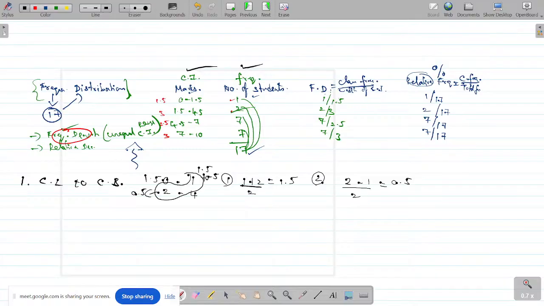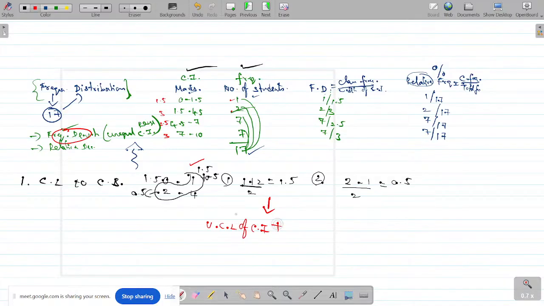Now we are going to make this a formula. Can you help me out? What terms can I use? Let me go for the first method. Here we are dealing with two sets of class intervals. What is this 1? This is the upper class limit of the class interval.